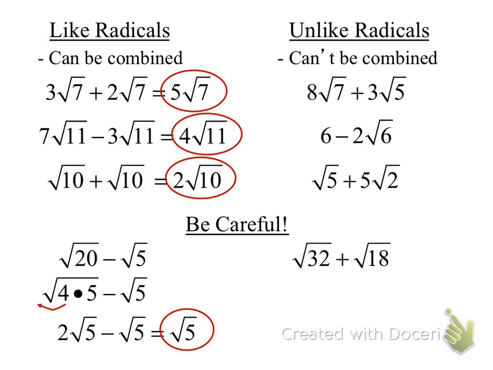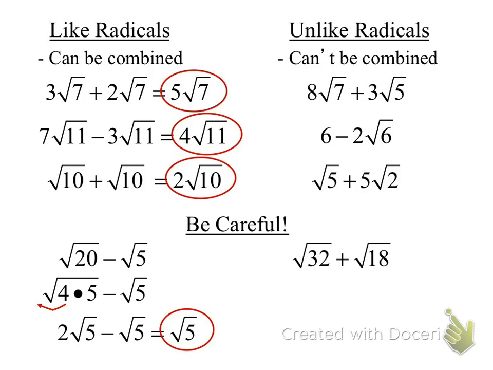Okay, so 32, what does it break down to? 8 and 4. 32 breaks down to what? 8 and 4. Go bigger. 2 and 16.